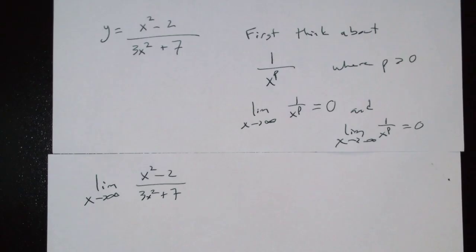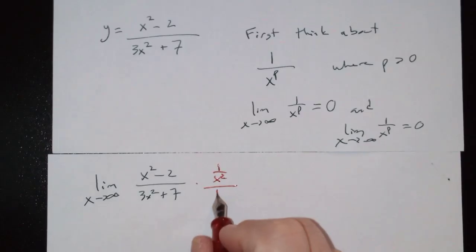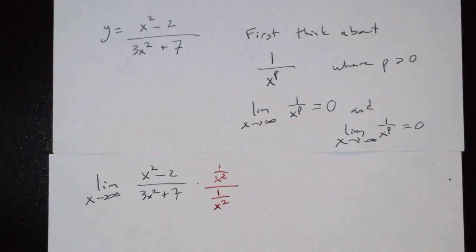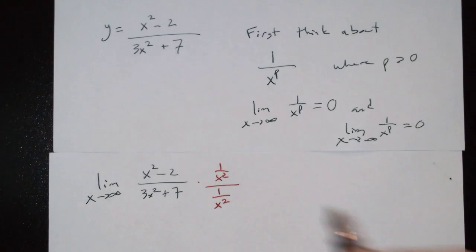And the p I'm going to choose is the highest power that shows up in here. So the thing I'm going to multiply by to make this work is 1 over x squared over 1 over x squared. That's 1. So I'm not multiplying by something weird. And I'm going to distribute this into these things.